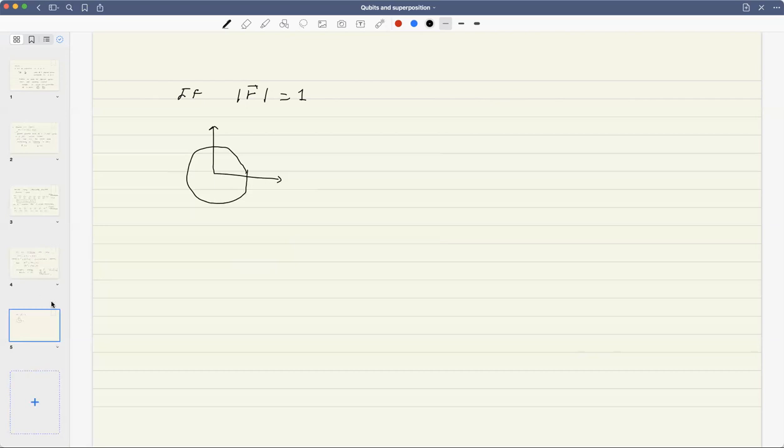Maybe at this point, I'll pause a little bit and very quickly review complex numbers, just so we have all the information. So, a complex number z has a real part, which we call x, and an imaginary part we call y.